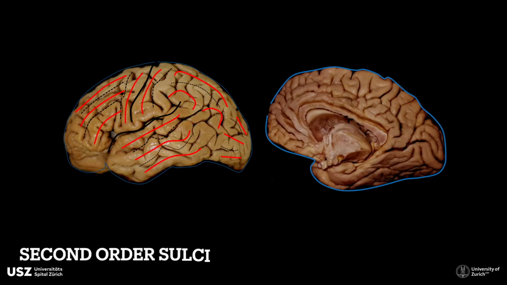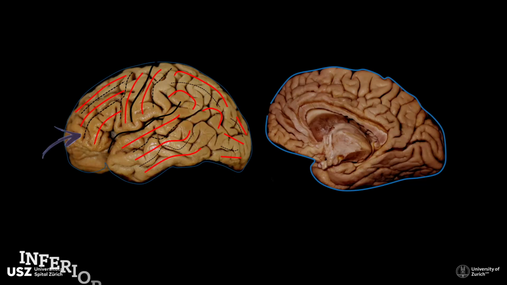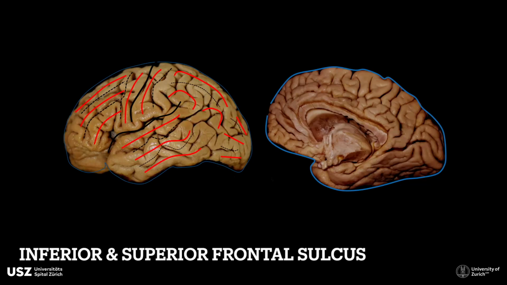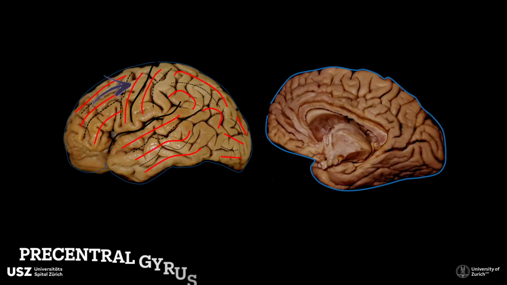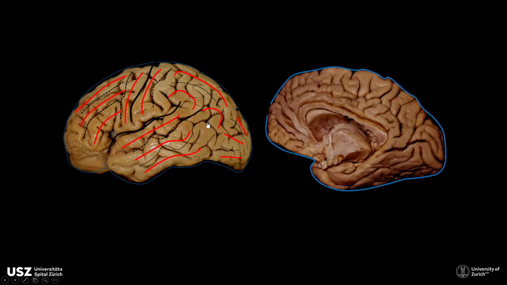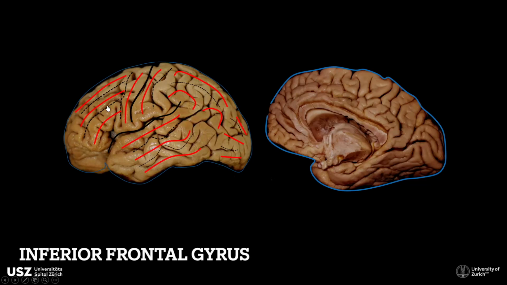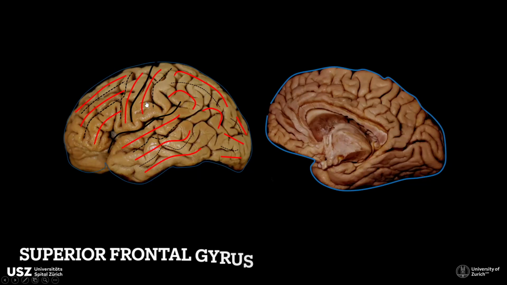We can then go to the second order sulci. Those are the sulci that are almost always present, but not always in the same manner: the precentral sulcus, and the inferior and superior frontal sulci. And there we will recognize the precentral gyrus, the inferior frontal gyrus, the middle frontal gyrus, which very often has a sulcus in between called sulcus medianus, and then the superior frontal gyrus.